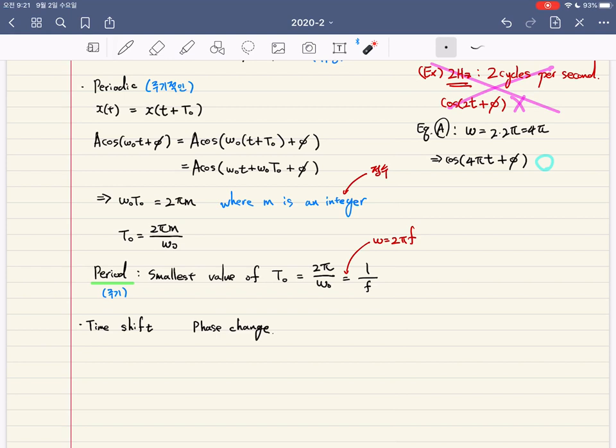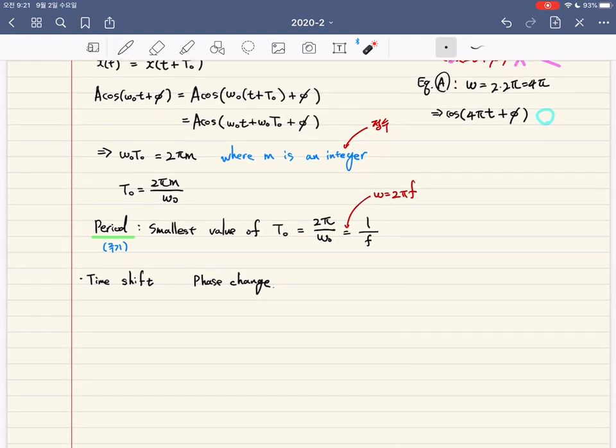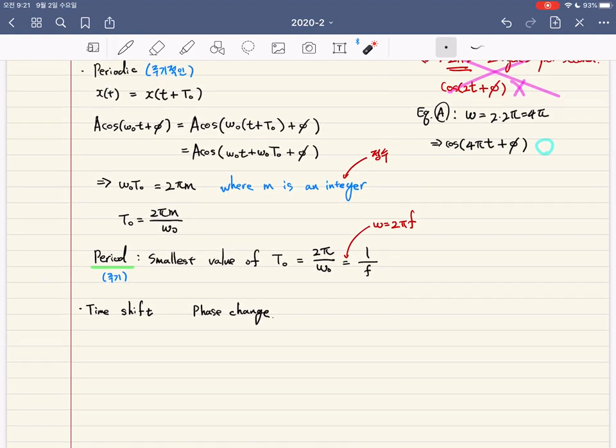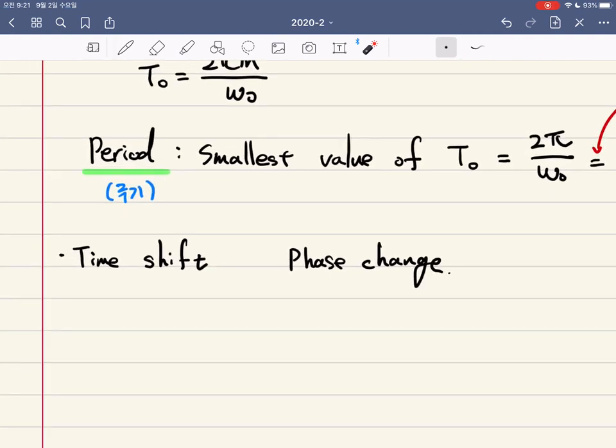We do the same thing with the sinusoidal shift, and this time we will use small t0 for the time shift.